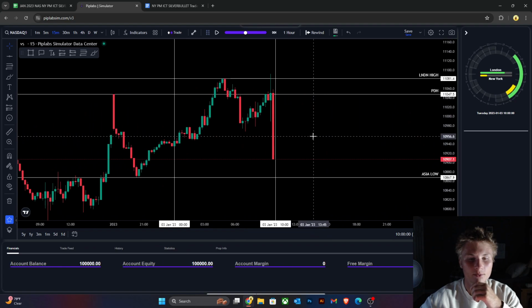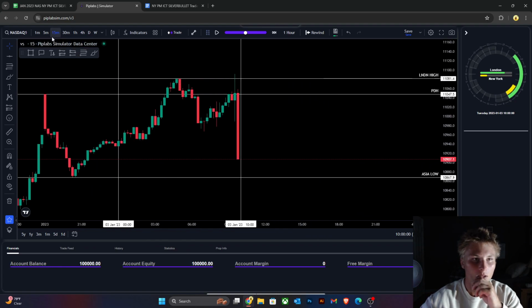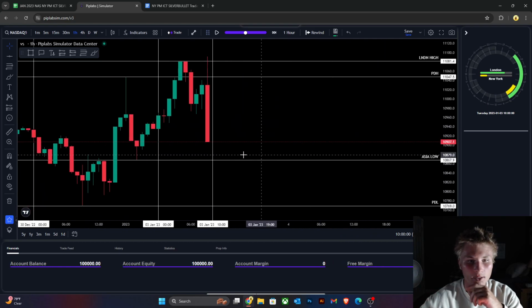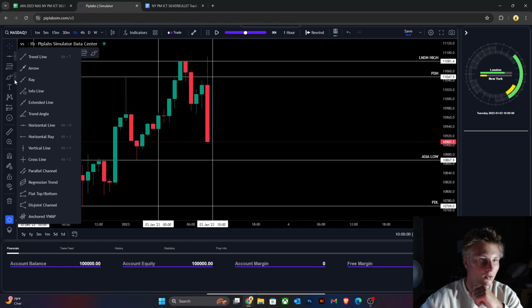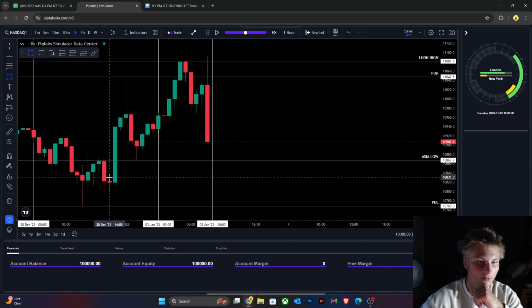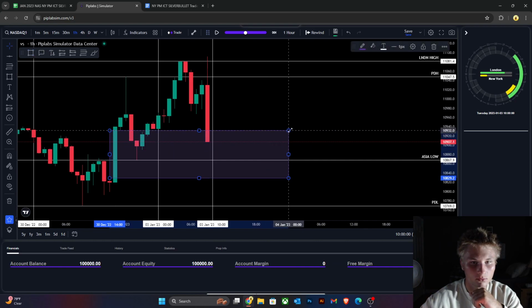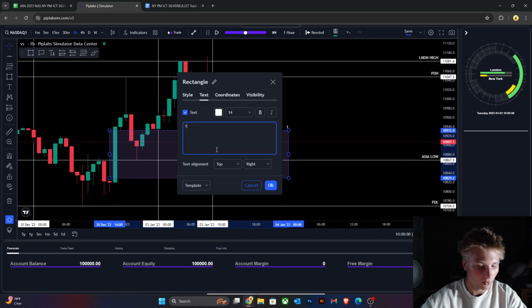But on the 15-minute here, on the 1-hour first, what I'm gonna do is mark up any gaps in price, just to have a feel for where exactly we are. We'll mark this up, 1 hour gap.